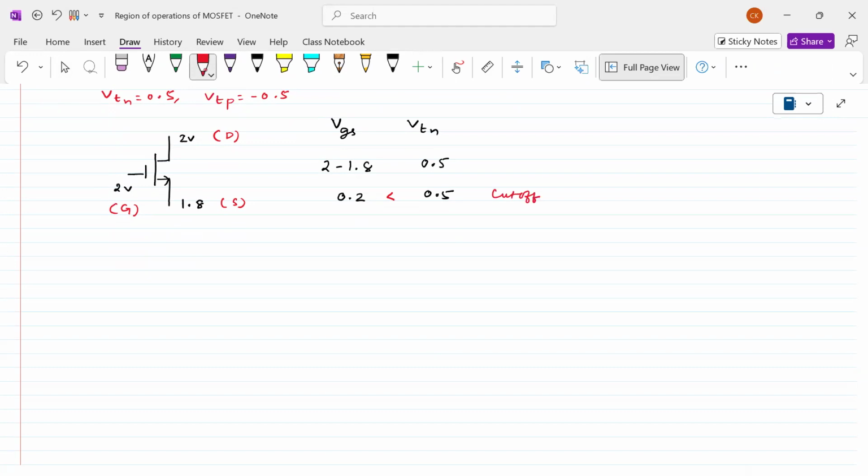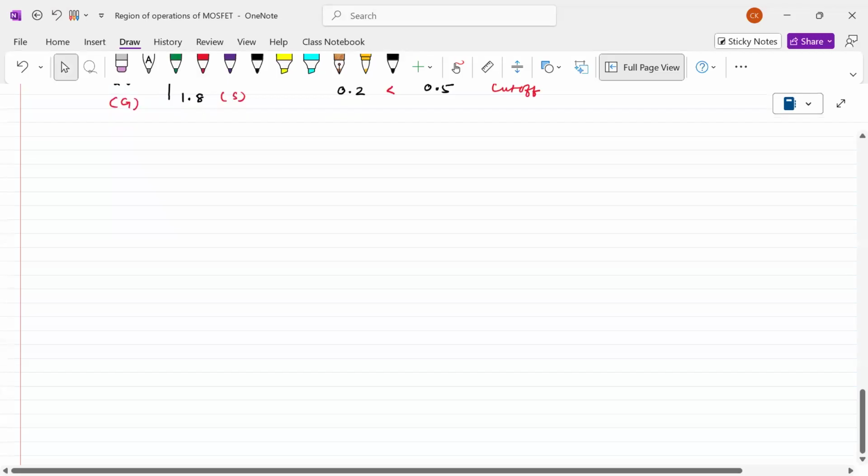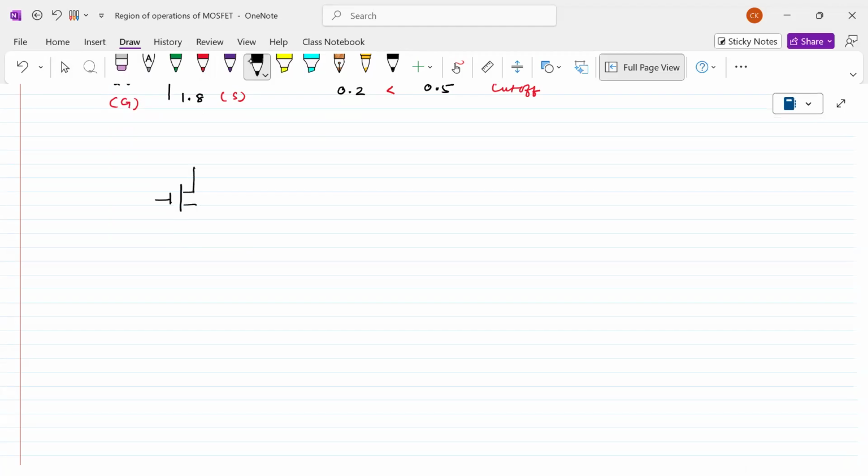Okay, we take another example. One terminal is at 0 volts, and the gate is at 2 volts. I'm just applying fixed potentials, not varying anything.